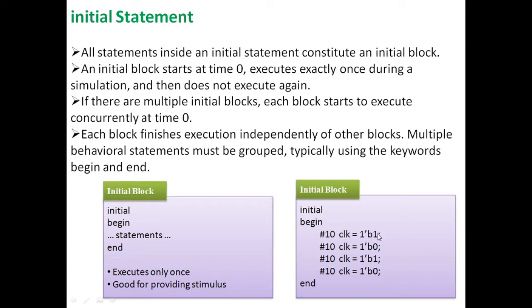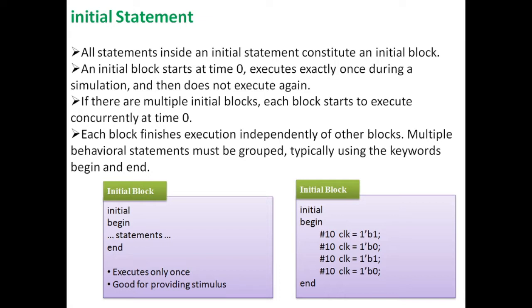Of course, I have mentioned that all the initial or always blocks will start simulation at time 0 time units. I meant to say the activity flow starts at simulation time 0.